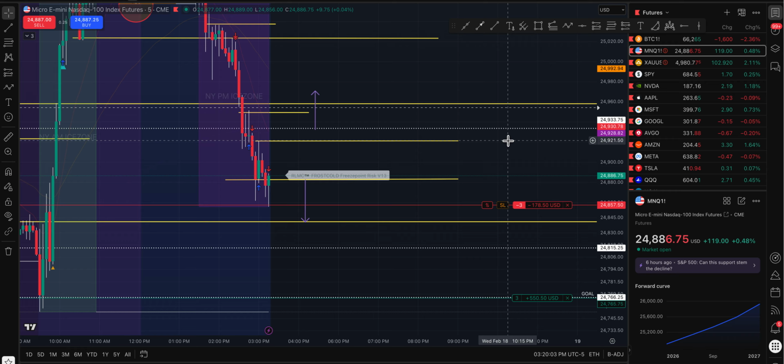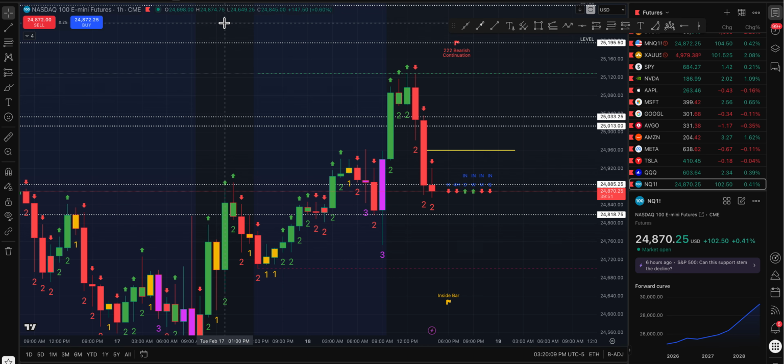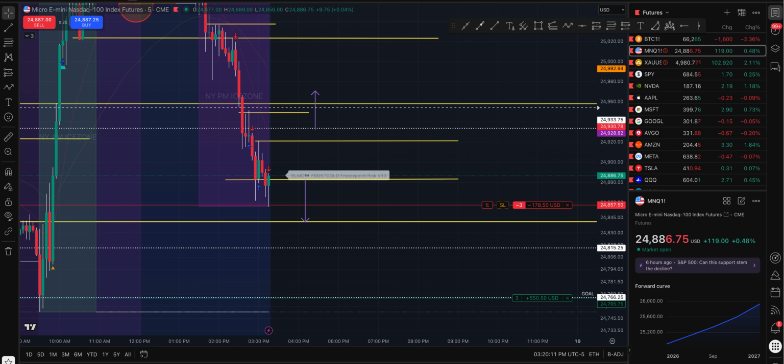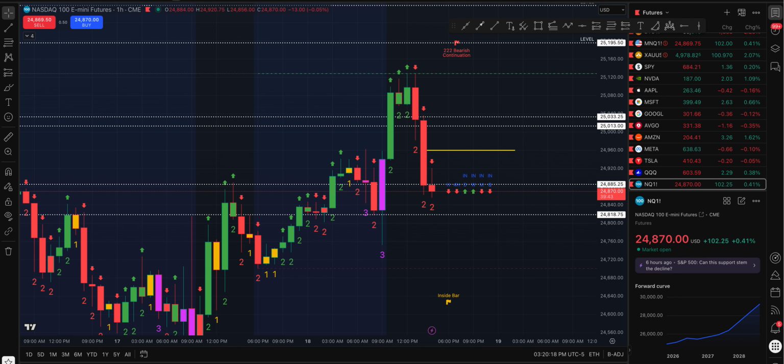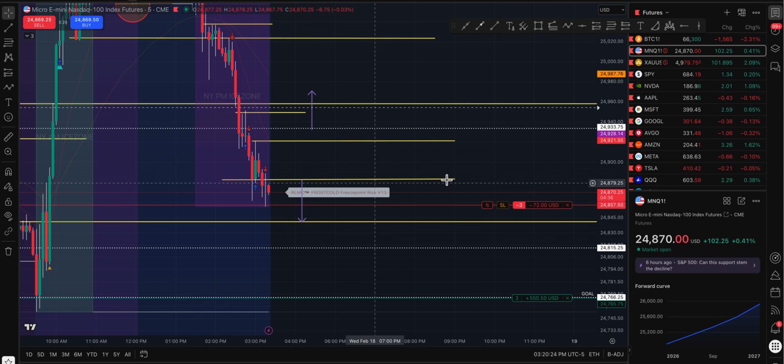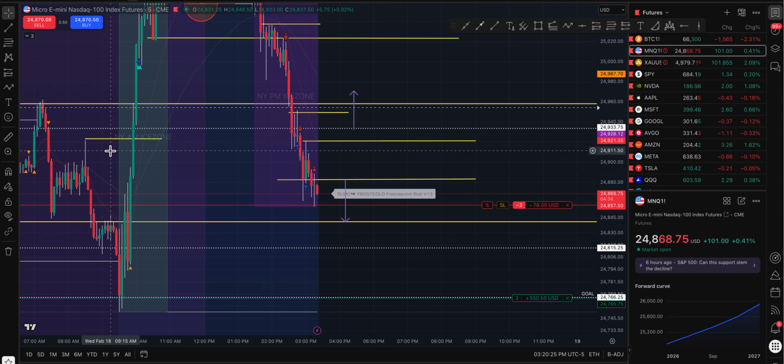Okay. 20. Yeah, it's not. Why is this not moving though? We done got bearish again here, but it's not doing anything. Okay, there we go. It was a little glitchy.